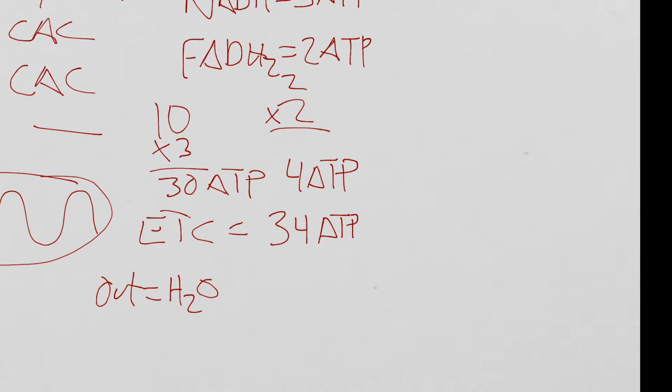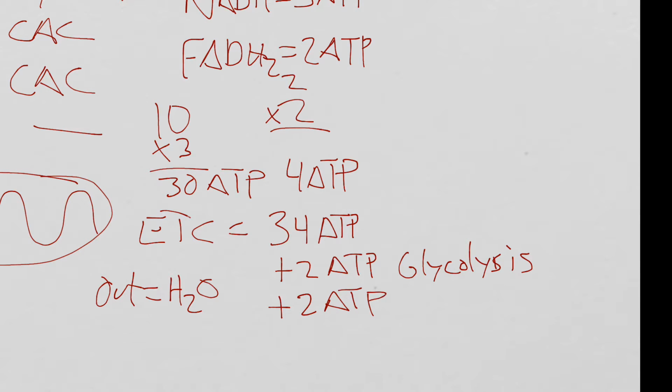Now, if we take that, we've got our 34 ATP from here, plus 2 ATP from glycolysis, and we end up with another 2 ATP from the citric acid cycle.